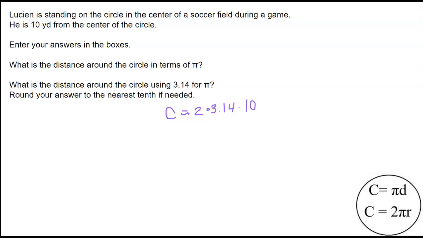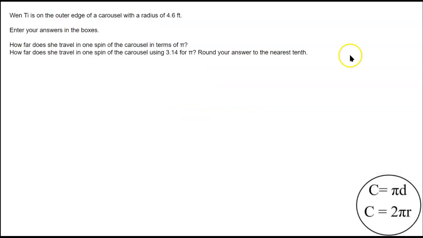On your next question, it says, when T is on the outer edge of a carousel with a radius of 4.6 feet, enter the answer in the box.